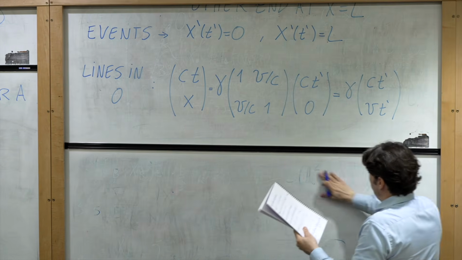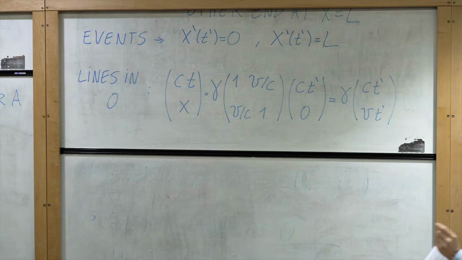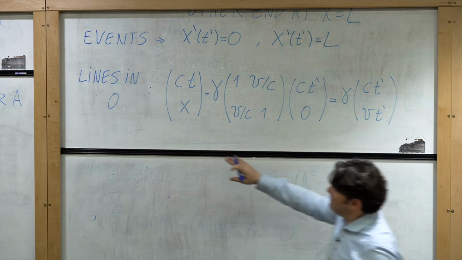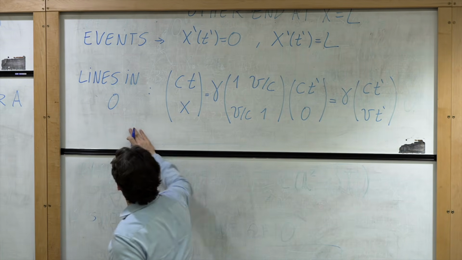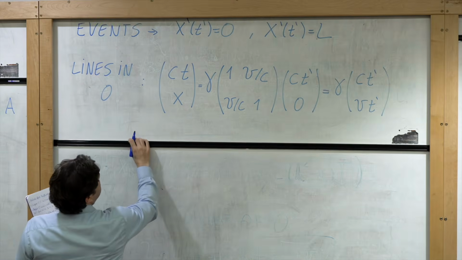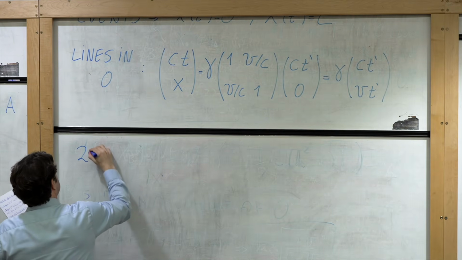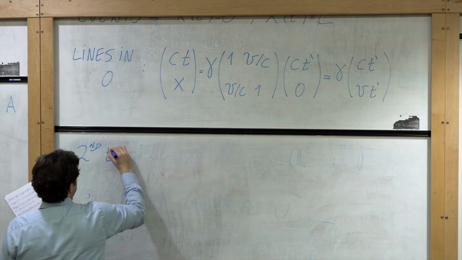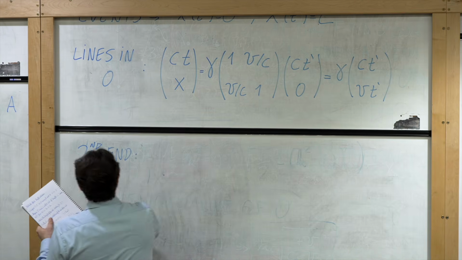And this is what the first end of the rod maps to in the system O. So this is the first line. The second end maps to the following.